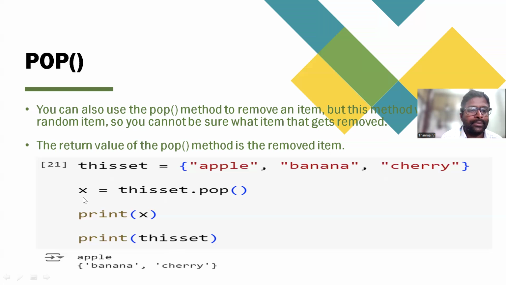You will see the x value is apple. Apple is removed from the set, and once apple is removed, your set contains only banana and cherry. So what I mean to say is, if you are using the pop command, it will randomly remove one element from the set.